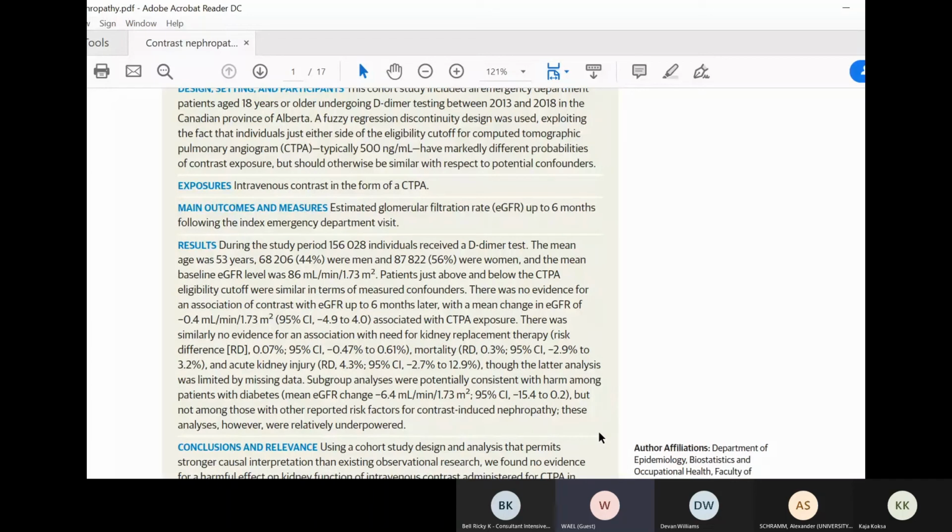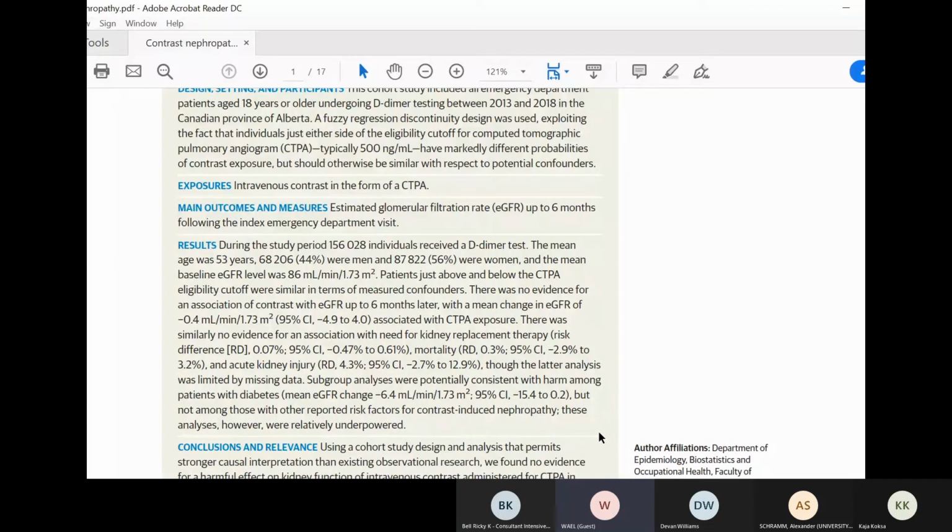It was only calculated that there was a 0.4 ml per minute per 1.73 meters squared reduction in the glomerular filtration rate associated with the exposure to the CTBA. There was similarly no evidence of association with the need for kidney replacement therapy, and the risk difference is almost negligible.